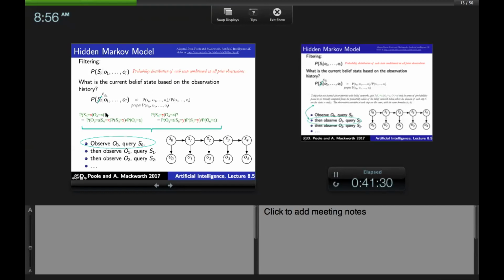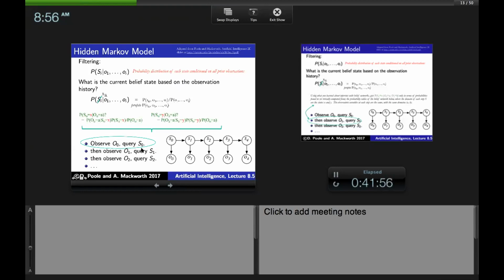We know this probability will be found in the probability table for that node, and this one will be found in this table here, and this probability is not actually found in a table.